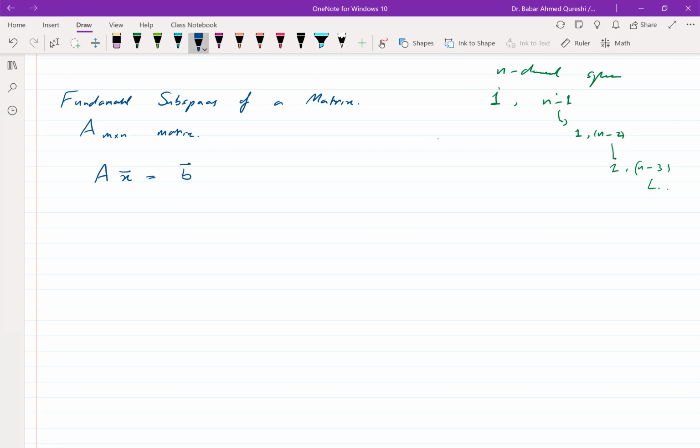Since A is M by N, that means X is N by 1, so X is an N column vector. But the result would be M by 1. So that means B is an M column vector.